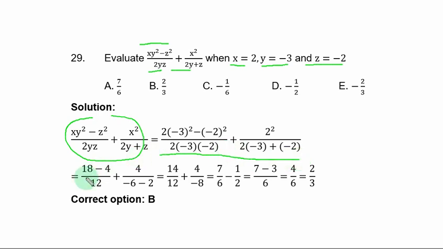So if you simplify, you have this result and this result. You know that plus against minus becomes minus. So here you reduce by 2, you reduce by 4, and you have this result. If you find the LCM and simplify, you have this. When reduced, you have 2 over 3. The correct option is B.